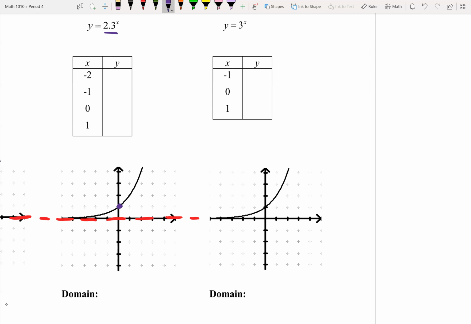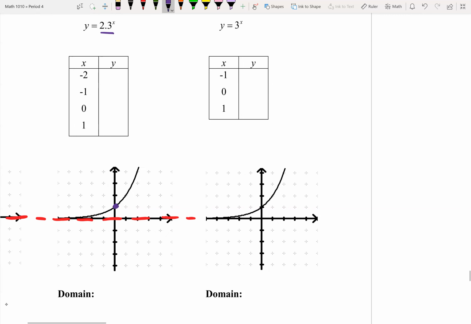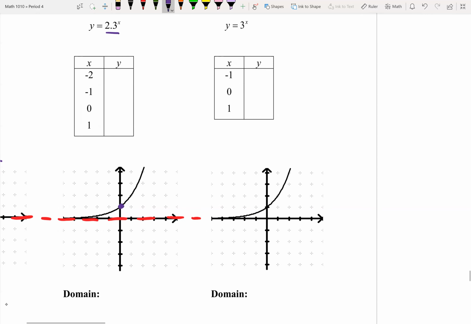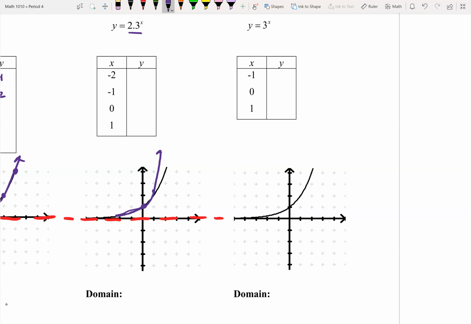Then my base is 2.3. So I'm going to go to the origin, and then I'm going to go right 1 up. Everybody shout out, how far up do I go? 2.3. See how easy? So it's right there. So the graph is almost right. It's just a little steeper, okay? So draw it in, and then maybe just go like this. Just a little like scribble, scribble, scribble.